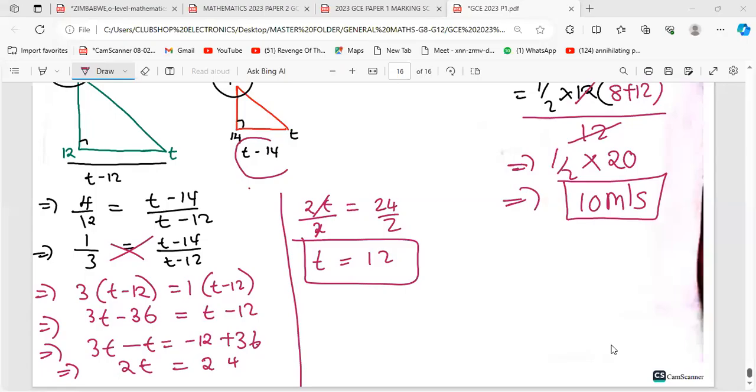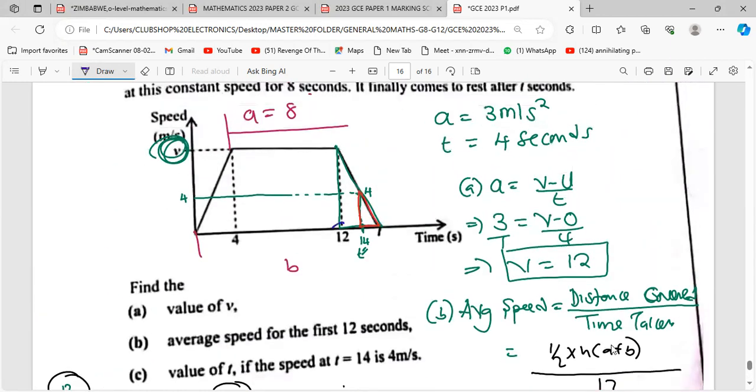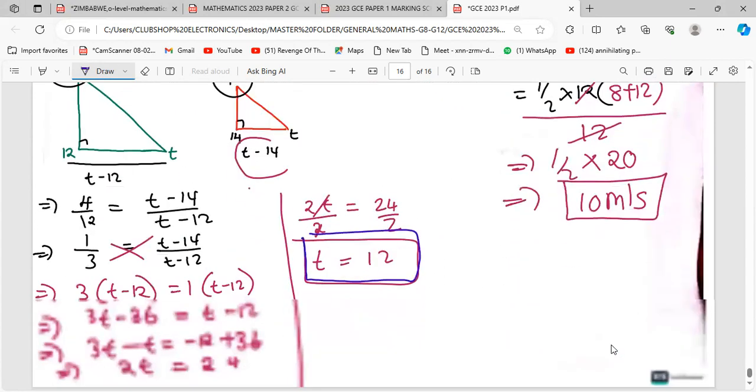All right, so we are saying it is important to check the answer because we are saying T is 12, which is not correct, right? Because you already have 12 here, so T should be greater than 14, in fact. So it means we need to just counter check the calculation. We could have missed it somewhere.